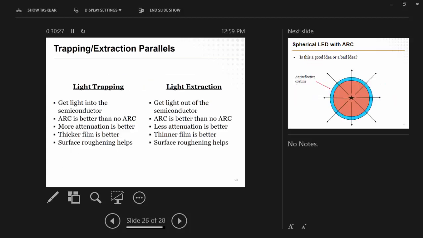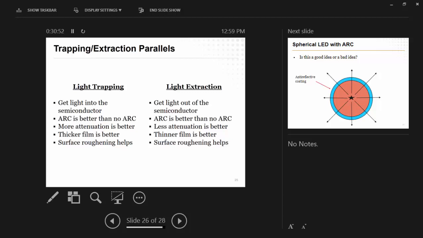So just a side-by-side comparison now. It's fun to say, okay, we talked about light trapping, then we did light extraction. What are the parallels? How are they similar and how are they different? In the light trapping world, our goal was to get light into a semiconductor. In the light extraction world, we want to get light out. So what we found was anti-reflective coatings are good in both cases.